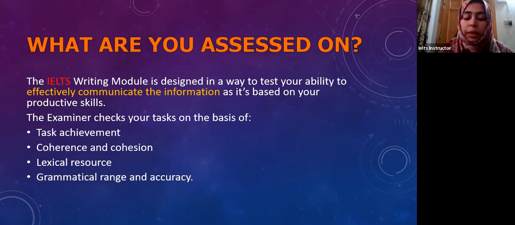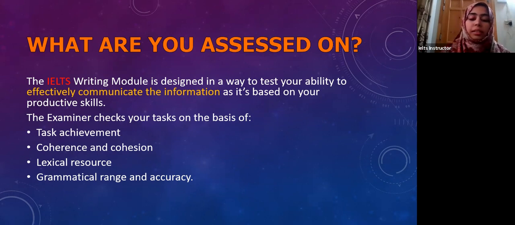Okay, so while writing the answer, you should be very careful about your grammar, like how widely you are able to use your grammar, like sentences, past tense, present tense, complex sentences, and how accurately you write the answer in those sentences. Okay, by accuracy, you can just say the use of articles, prepositions, punctuation marks, where you should write the capital letter, where you should write the small letters. Okay.